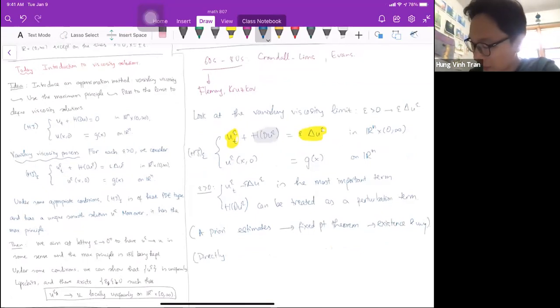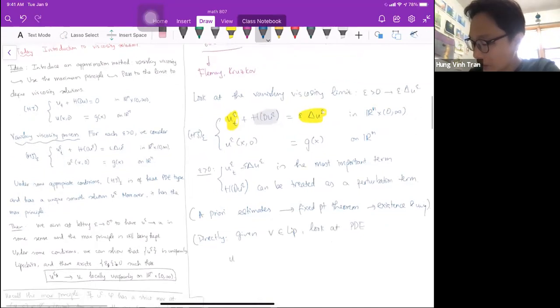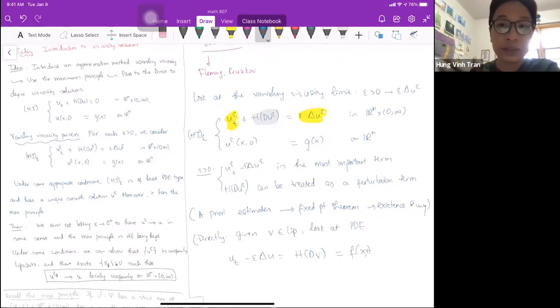You can think of the equation as follows: given v, let's say Lipschitz, whatever, look at the PDE u t minus epsilon Laplacian of u equals H of Dv, and this can be treated as f of x, t. H of Dv is f of x, t.